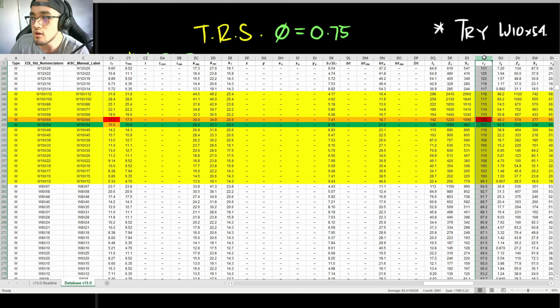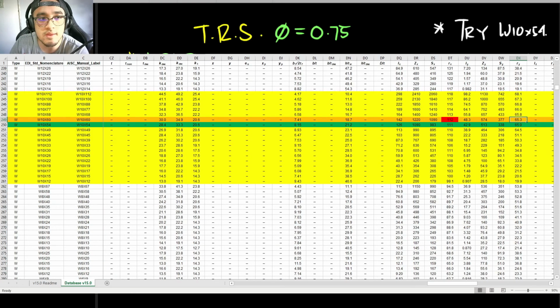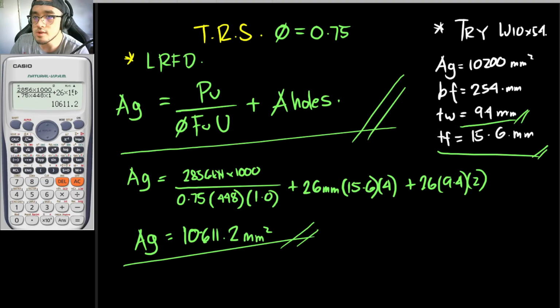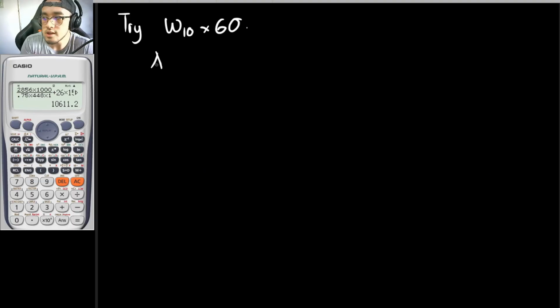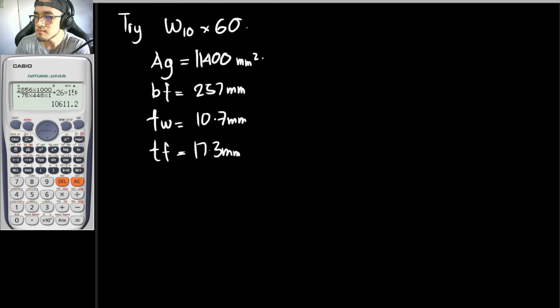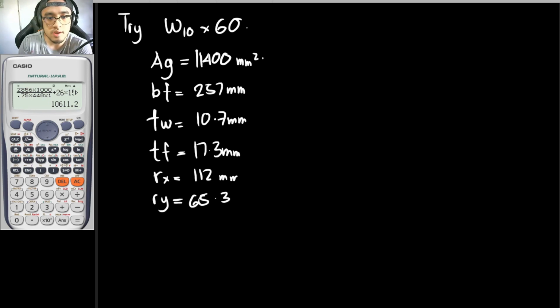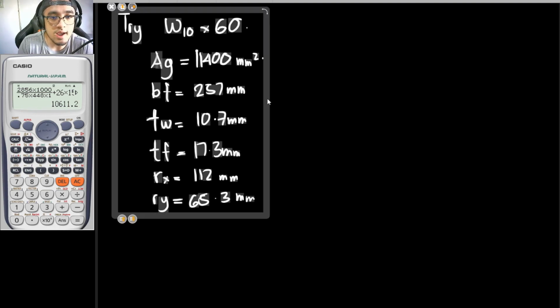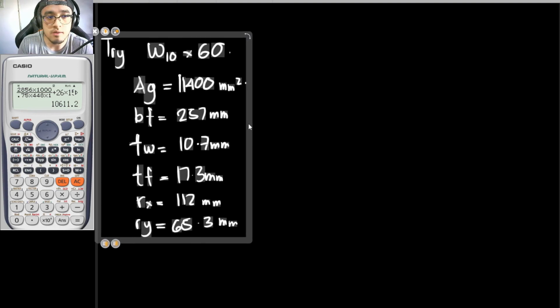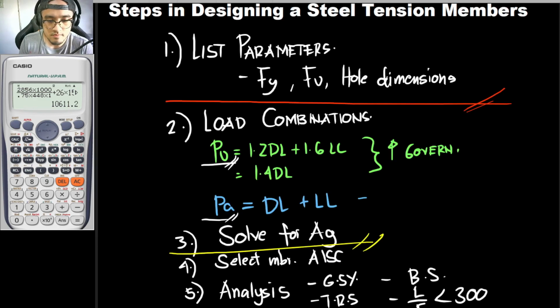That is for the radius of gyration for Rx, and for the radius of gyration for Ry, that is to be 65.3. So this one's right here. Okay, so I would just be writing them here. Okay, so these are to be the parameters that we will be needing for this trial section. So I would just be moving them here.